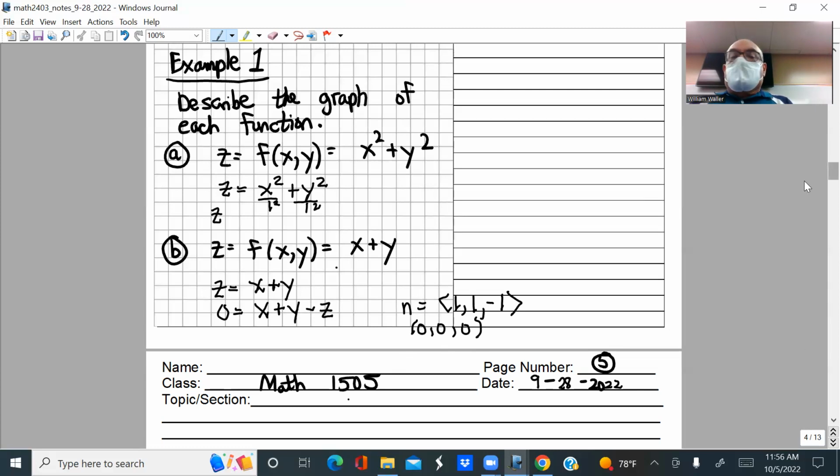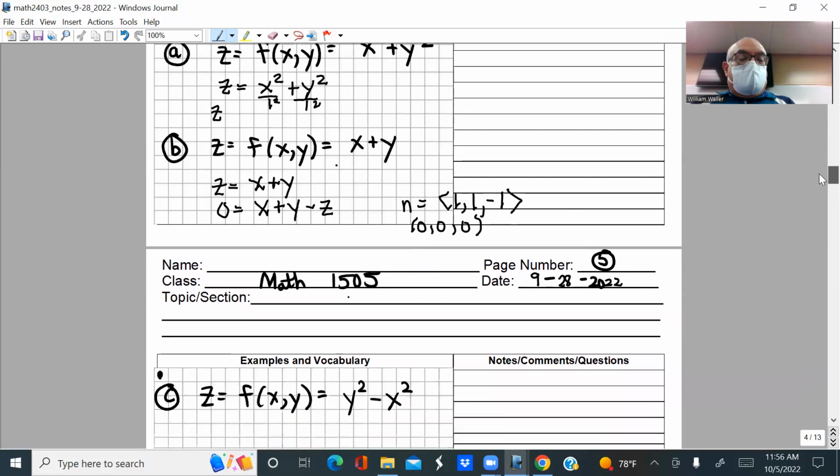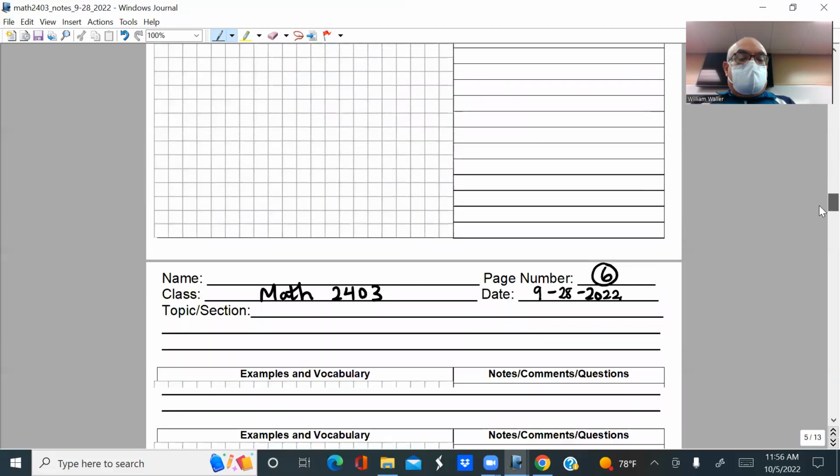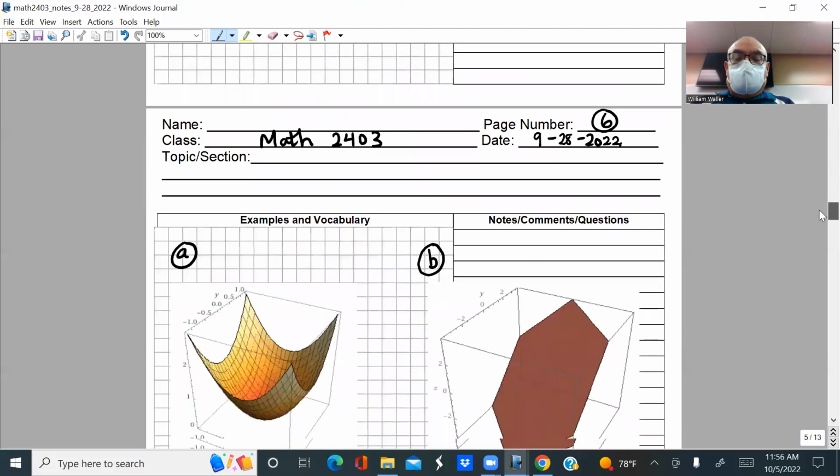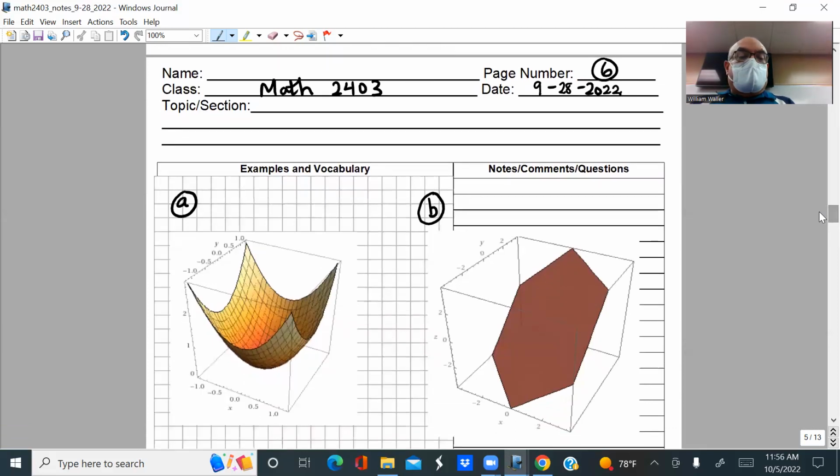Let's see. I think I have graphs of these two, A and B, here. See if I can find them. There they are. So that's what we predicted, right? This is an elliptic paraboloid. We cut off some of the sides of the elliptic paraboloid, but that is an elliptic paraboloid, and of course that's a plane.